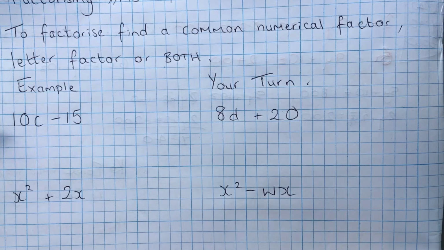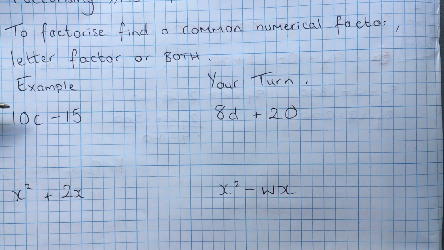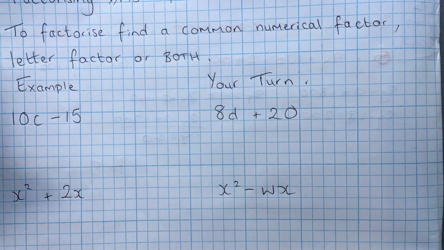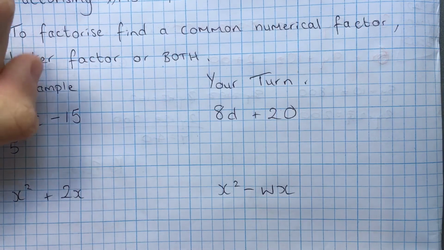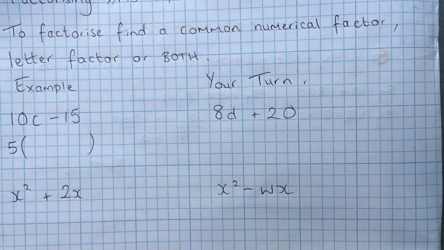Okay. So first one here, 10c minus 15. So we've got a c term here. The c term isn't in the second part, so we're going to have to find a number factor. We need to find a number that divides into 10 and 15. Quite quickly we should be able to work out that that's going to be 5. Put our brackets.